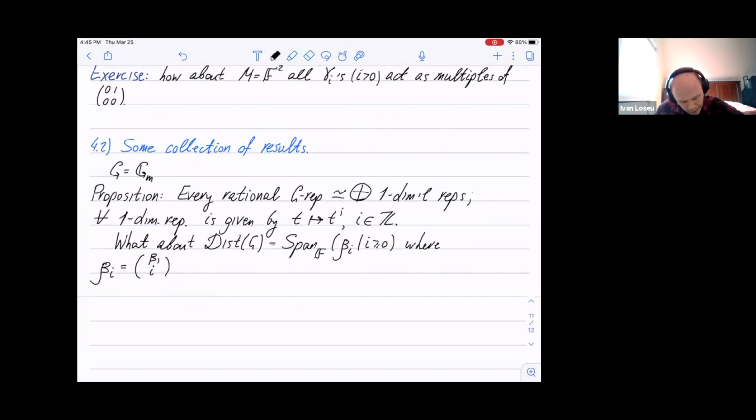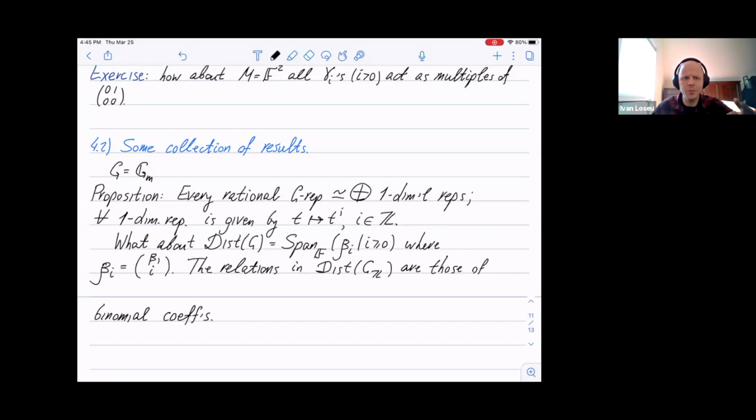In particular, the relations in this algebra, maybe it's more transparent if I talk about the distribution algebra over the integers, are those of binomial coefficients. You can make it precise, which I don't want to do.